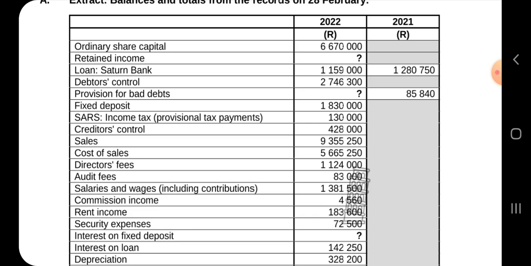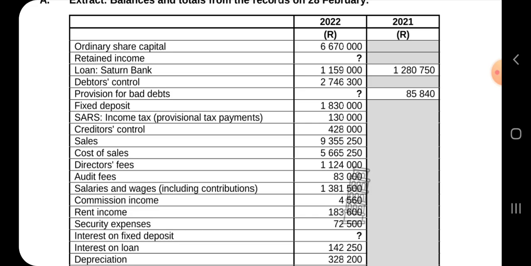So that is the current loan portion. Repayments will increase by 10%, so you multiply by 110 over 100, and that will give you 133,728.